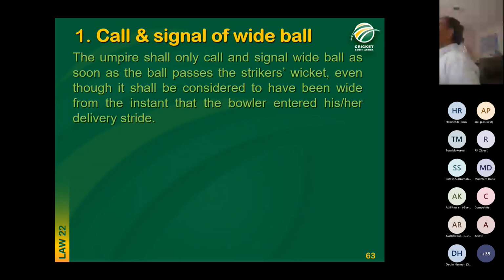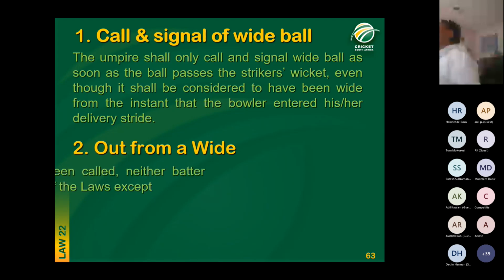But according to the law, it shall be considered wide from the instant that the bowler entered his or her delivery stride. And when does the bowler enter his or her delivery stride? When the back foot lands. So as soon as the back foot lands, according to the law, the ball is already wide. But you can only call and signal wide once it passes the striker's wicket.